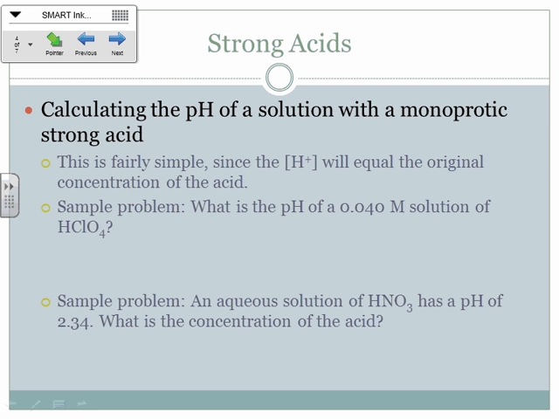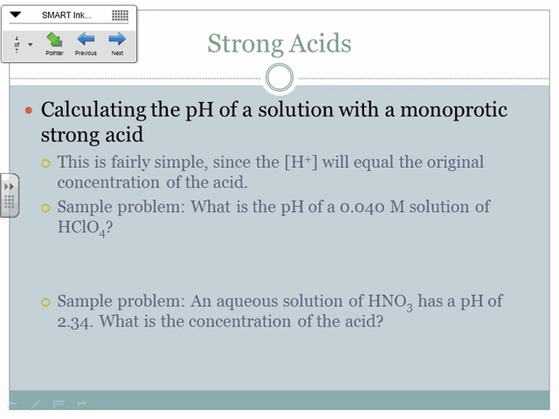So the pH of a 0.040 molar solution of HClO4. Okay, and honestly, this is not much different than what we were doing yesterday. The only difference is instead of telling you the solution has a 0.040 molar concentration of H+, I'm telling you it's a 0.040 molar solution of HClO4.